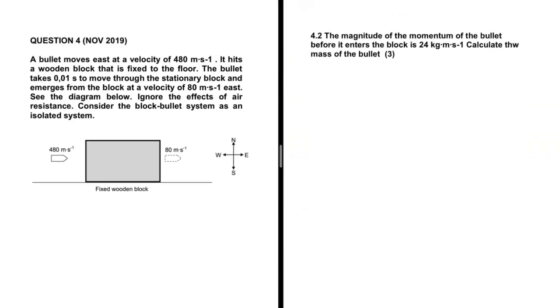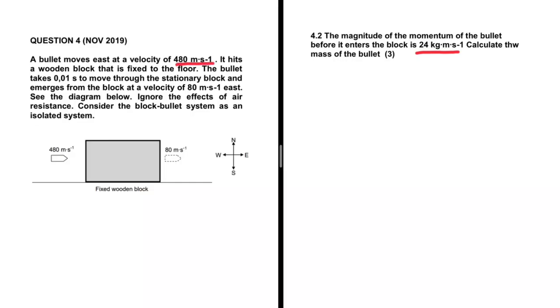So 4.2, the magnitude of the momentum of the bullet before it enters the block is 24 kg meters per second. Calculate the mass of the bullet. Okay, let's go and see what is happening here. So a bullet moves at a velocity of 480 meters per second.